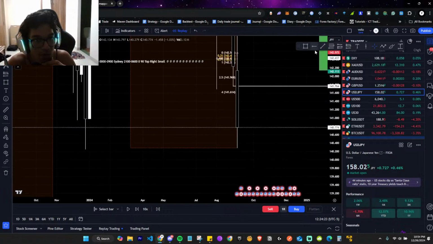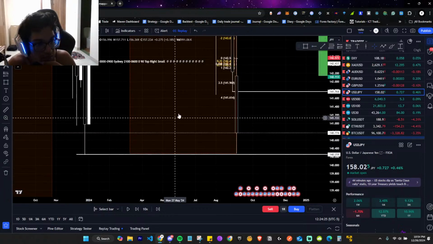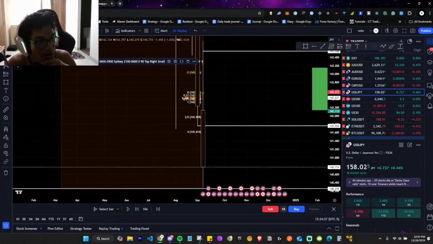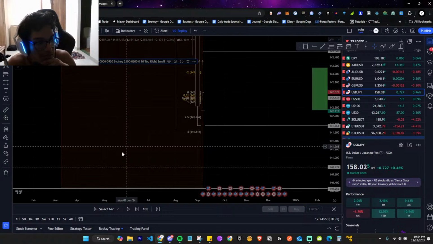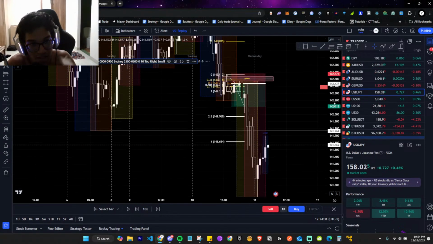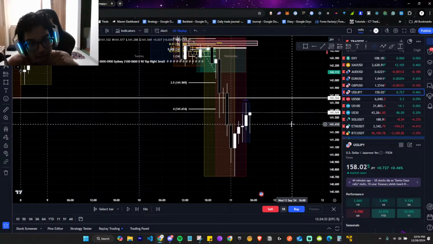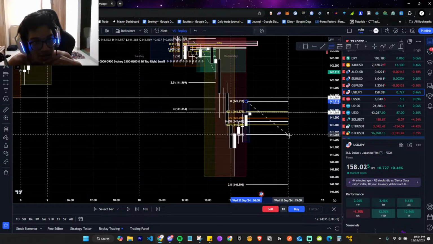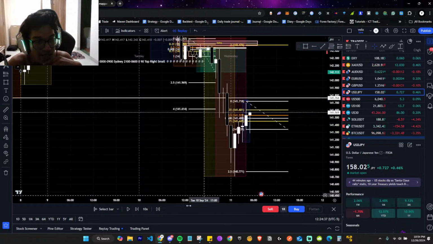There's a little bit more liquidity below, right? So smart money will obviously go for as much liquidity as possible. So this is just a fake out unless we see a change of character. And you'd be surprised at how you'd be invalidated right here.